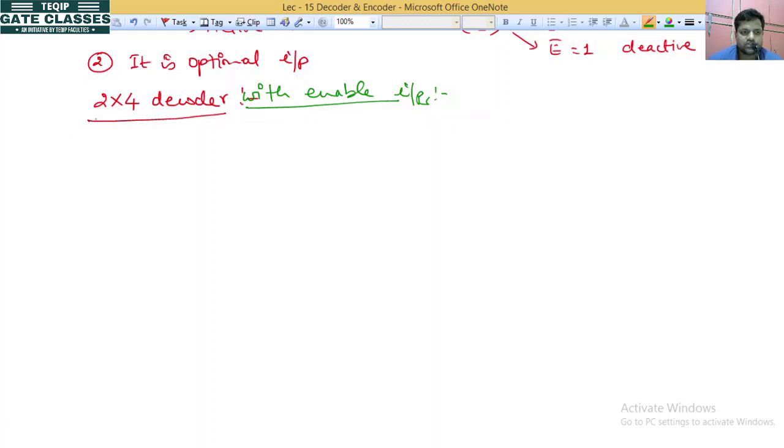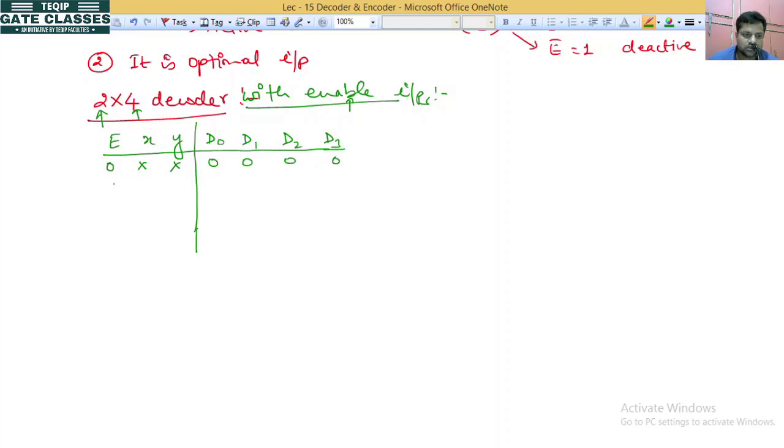So how many inputs are there? 2 inputs here and 1 for enable input. So if we plot the truth table, and how many outputs are there? Output is 4, so it will be D0, D1, D2, D3. Since we are using active high enable input, when E is 0, whatever be the value of xy, the output will always be 0.